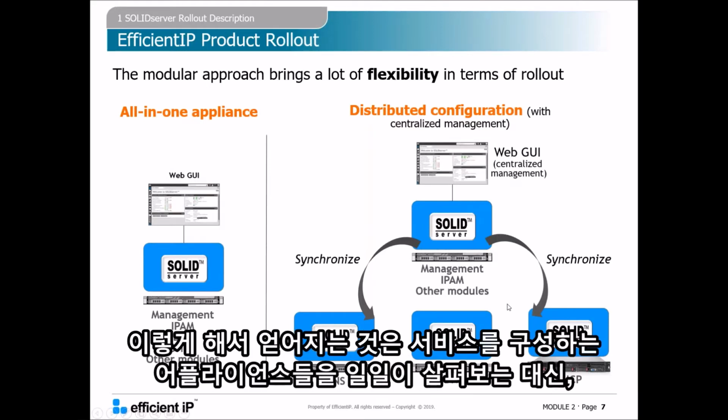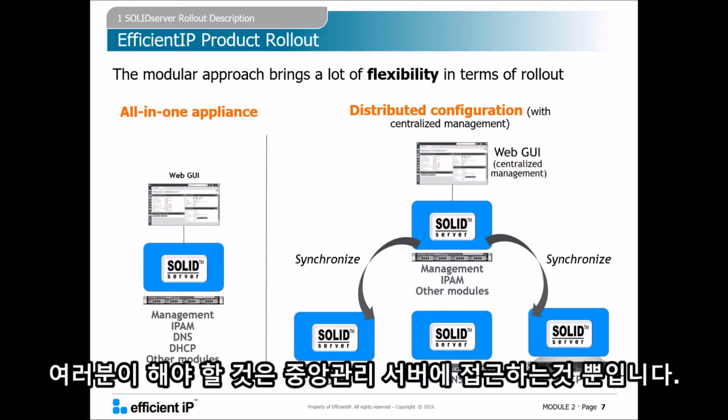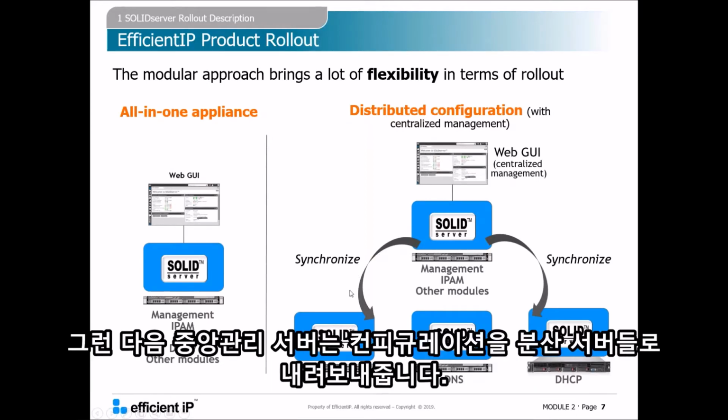So what this achieves is, instead of having to go through to each of these appliances to configure the services, all you need to do is access the central management, and then it will push the configuration down to these distributed services.